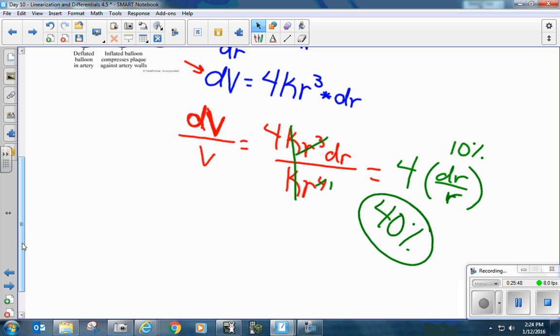And of course, the percentage is 40%. You see what I'm saying? So I was trying to figure out an easier way to tell you that. But the change with respect to the original, how will it affect the original? We'll compare. You want that percent, right? Create that fraction. And here you go.